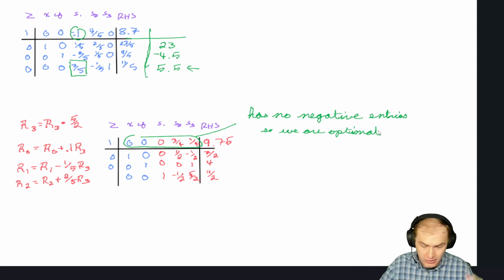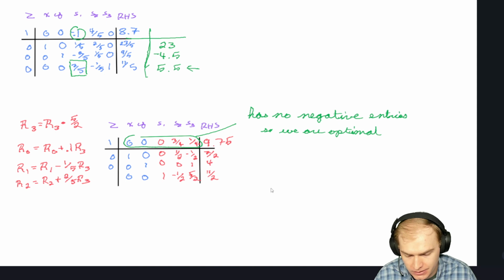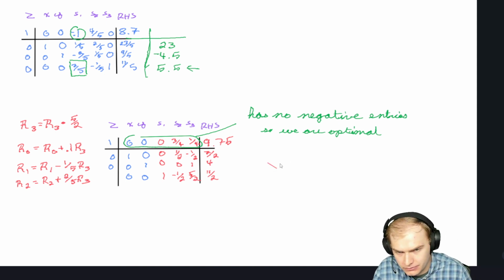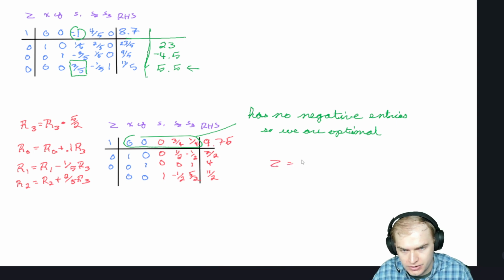So we're done, and all we have to do is extract our solution. So we have z is 9 3/4.